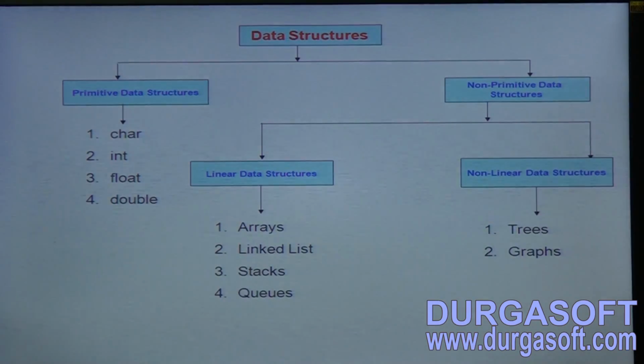Take down this flow chart. Copy the flow chart there. Data structures are of two types: primitive and non-primitive.